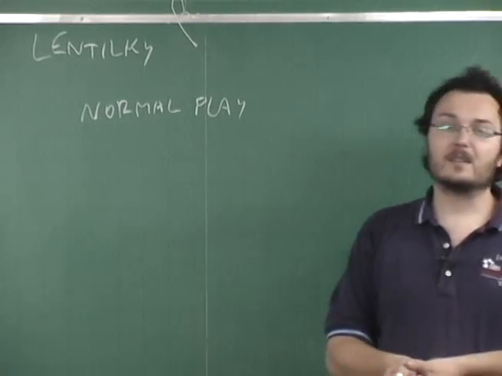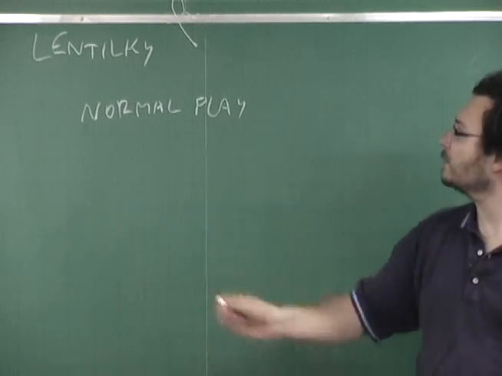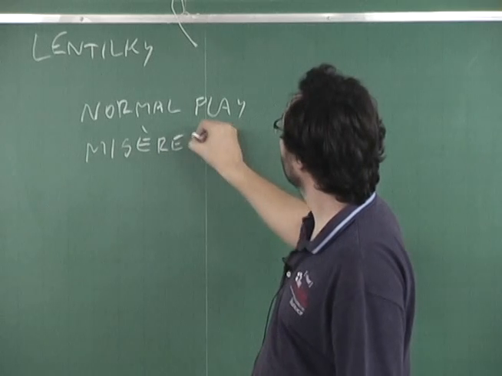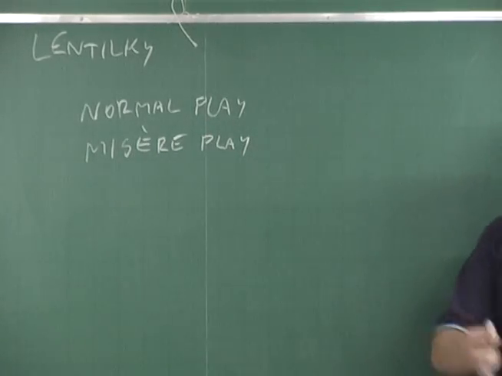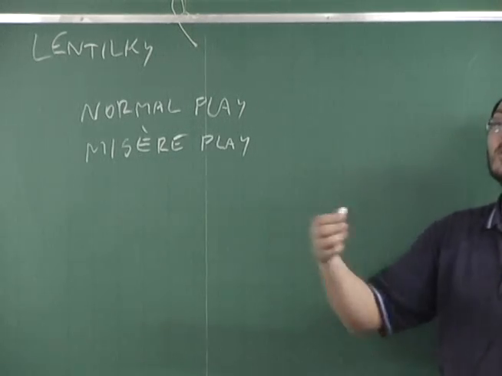And this problem actually was showing a little bit from the other side, which is usually called misère play. And this is you take a normal game and you reverse the winning condition. So the player who cannot make any move is the one who wins.